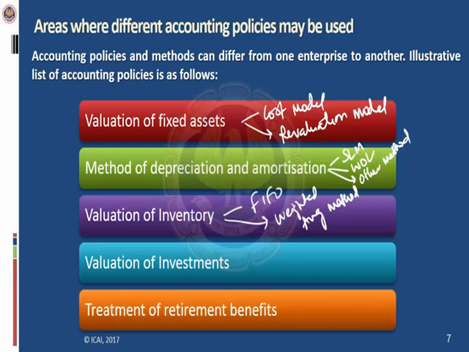Treatment of retirement benefits. There are a lot of retirement benefits like gratuity, provident fund, and so on. There are two kinds of plans: defined benefit plans and defined contribution plans. Under significant accounting policies, the entity has to disclose what accounting policies have been used for the recognition and valuation of retirement benefits.